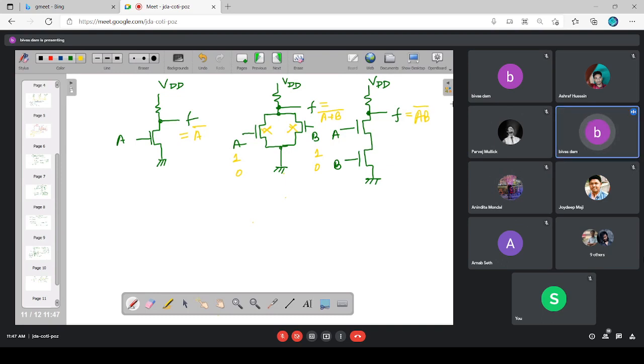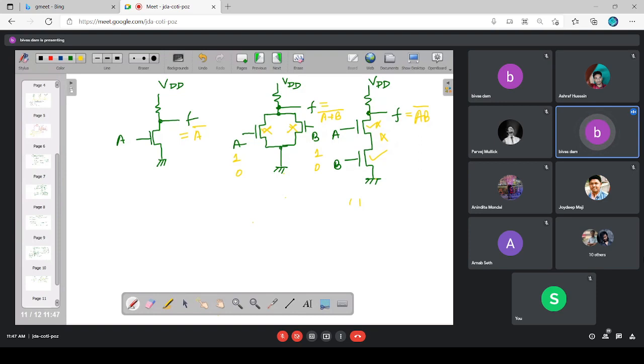For the output to be 0, this ground must come here. So for that, both must be simultaneously on. That is possible if both A and B are 1. Now, for the output to be logic 1, this path must be cut off.